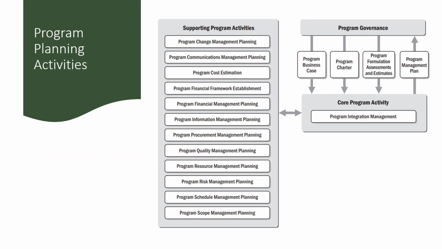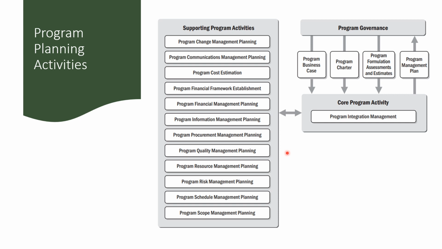As part of program planning activities, there are further 12 categories, like program change management, program communication management planning, program cost estimation, and so on. We have 12 planning activities as part of program planning activities.